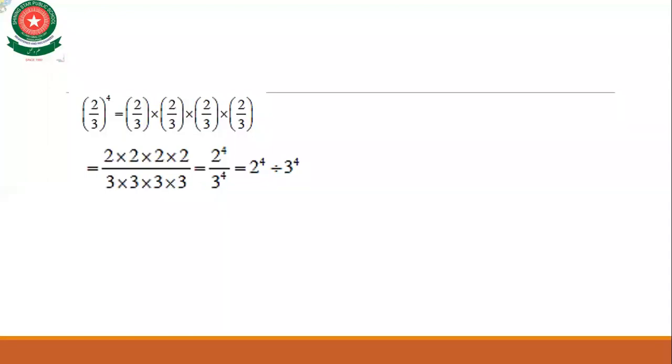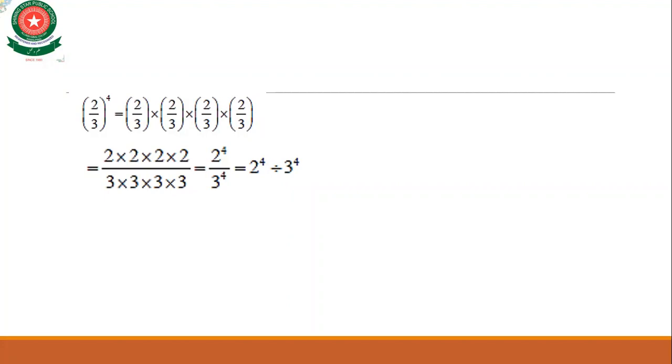(2 over 3) power 4, which is equal to 2 by 3 multiplied by 2 by 3 multiplied by 2 by 3 multiplied by 2 by 3. So according to the quotient law, you know that 2 power 4 means we have to multiply 2 with itself 4 times.